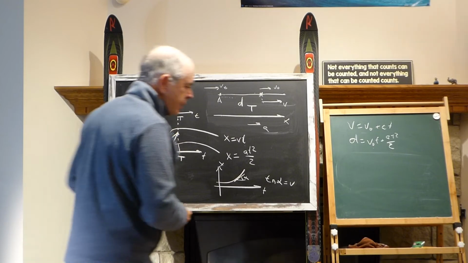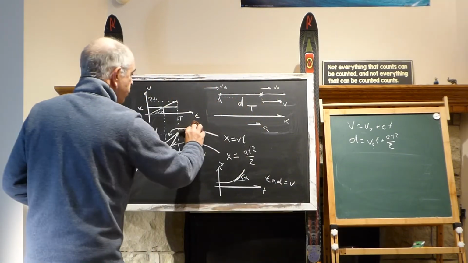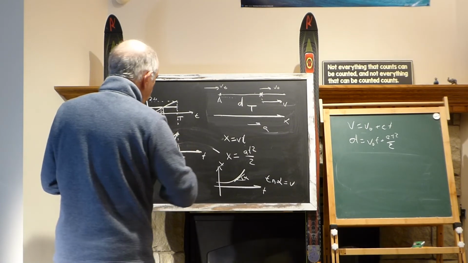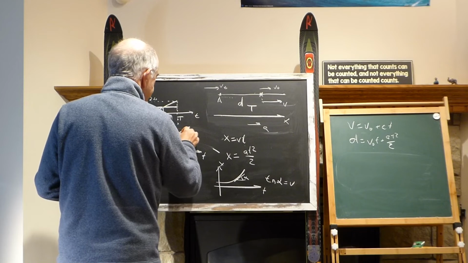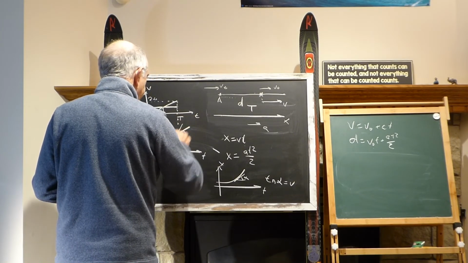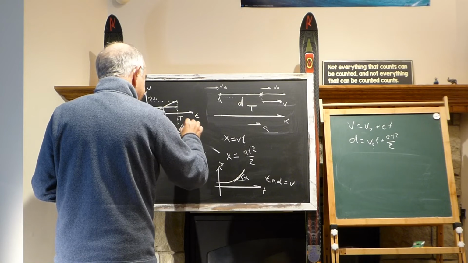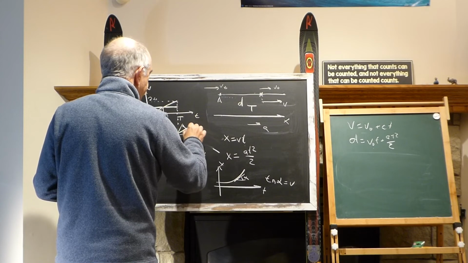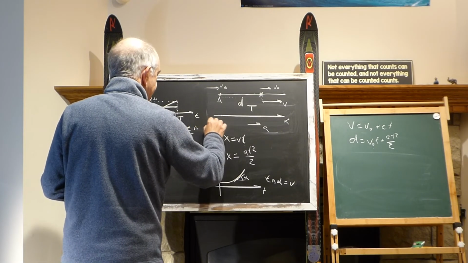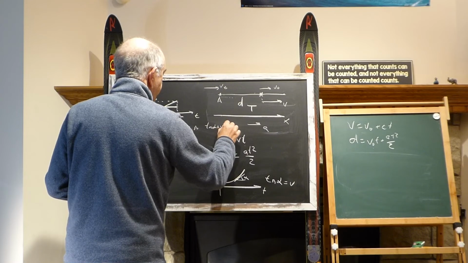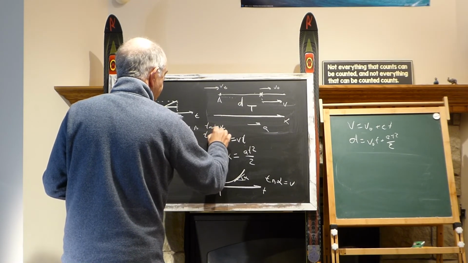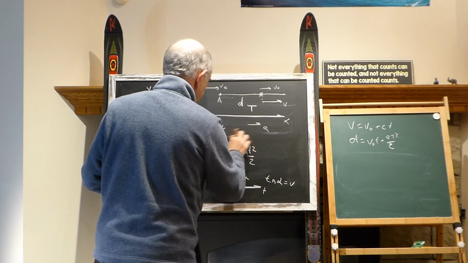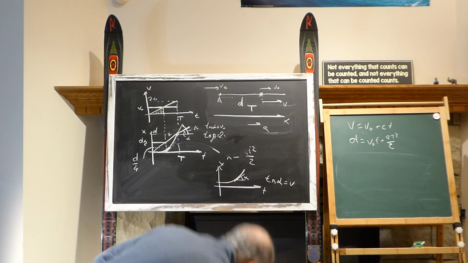If I draw the slope of the bicycle, it would be this, and the slope of the car would be this. If this is alpha and this is beta, then tangent alpha is equal to v0, and tangent beta is equal to v0.